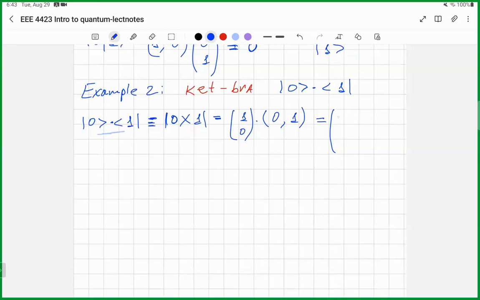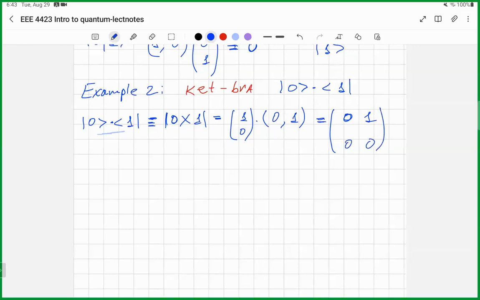So I have to write 1 times 0, which is 0, and that's it. So this is the first component in this operation. And then for the second component, I have to write 1 times 1, which is 1. And then again for the second row, which is 0 times 0, 0 times 1. So it's a 0, 0.